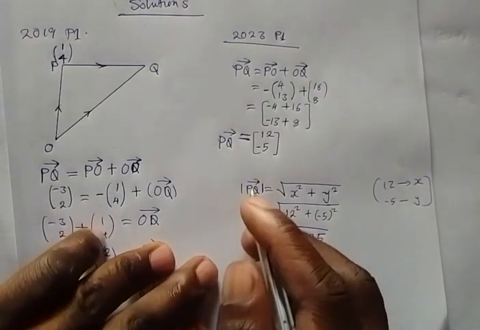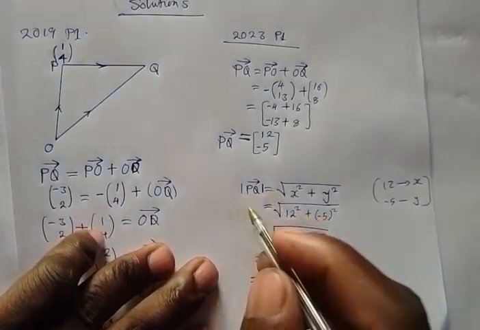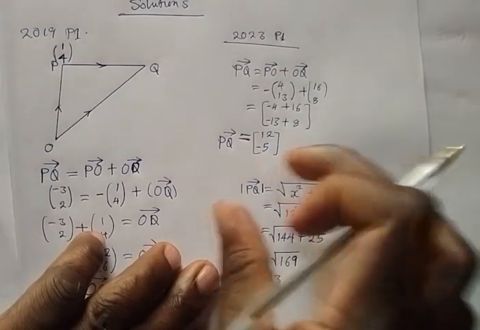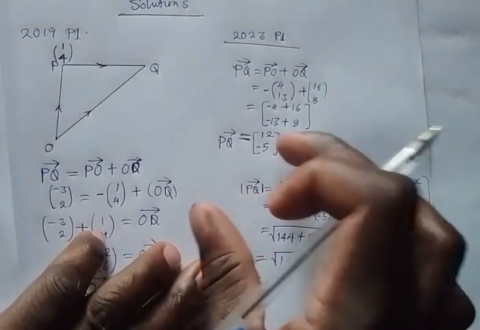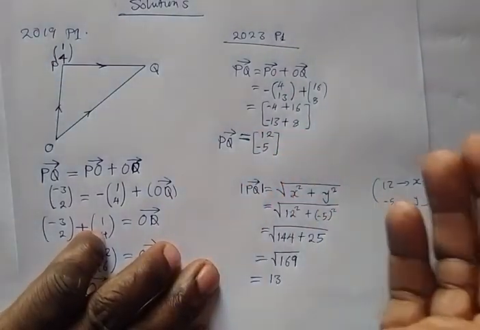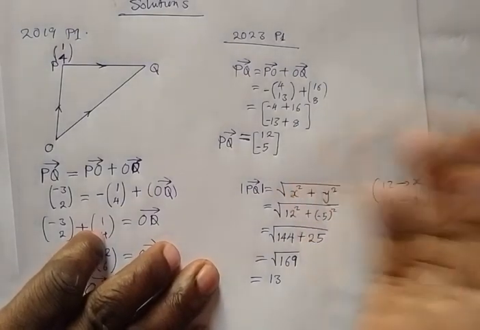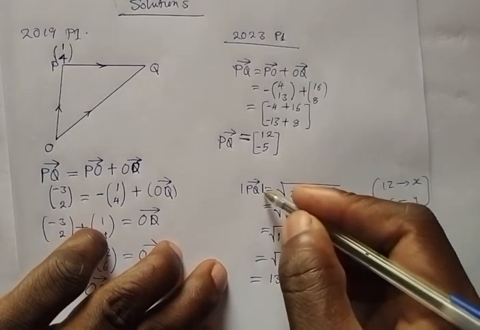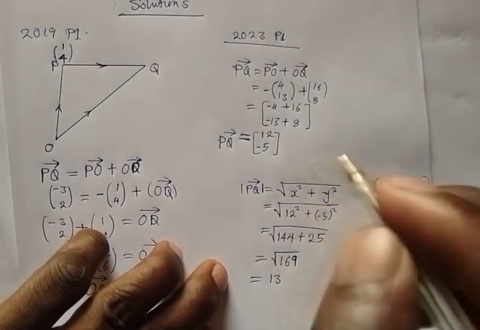Since it is the magnitude, it has units. For this question we don't know the units, whether they are centimeters, meters, or centimeters squared, but what we know is that the magnitude is measured in units.